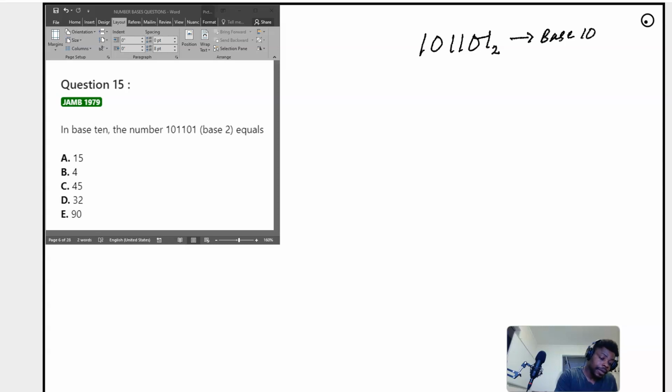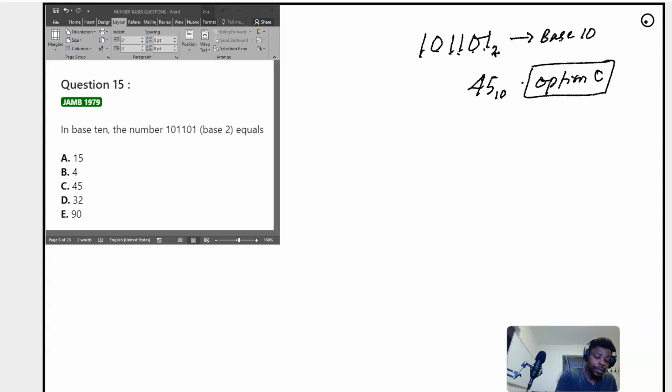Okay, so here: 2 times 1 is 2, plus 0; 2 times 2 is 4, plus 1 is 5; 5 times 2 is 10, plus 1 is 11; 11 times 2 is 22, plus 0; 22 times 2 is 44, plus 1 is 45 in base 10. So this is option C.